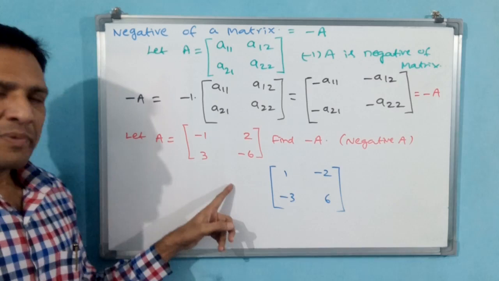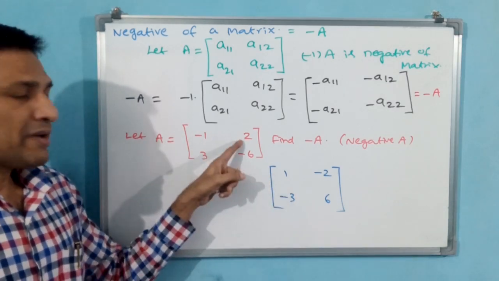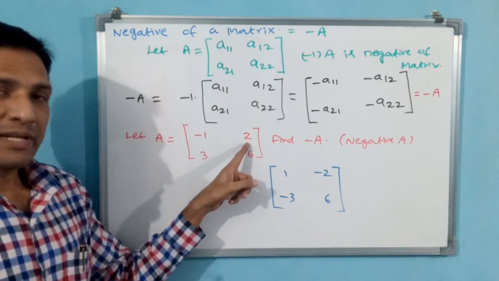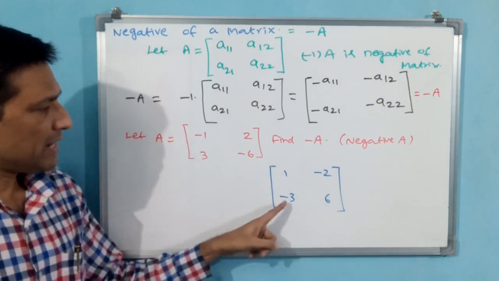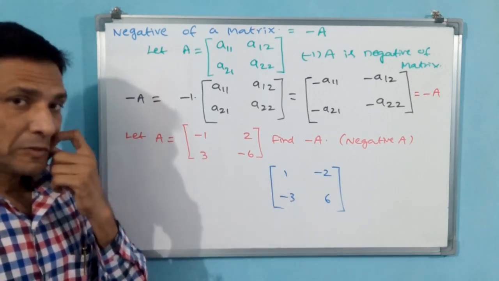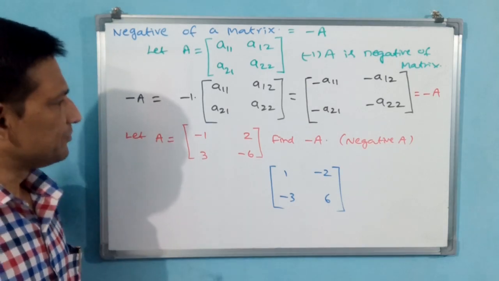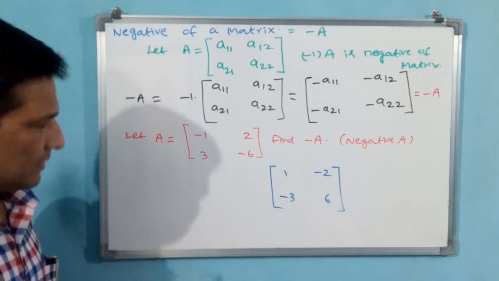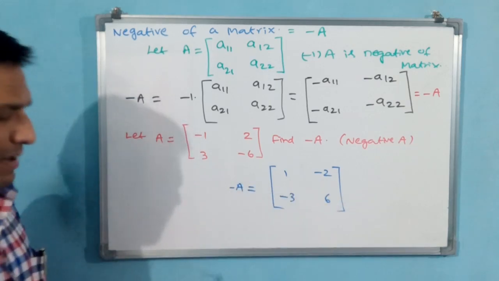Because you multiply with minus 1: minus into minus is plus 1; minus into plus is minus; minus into plus is minus; minus into minus is plus. You understand? Now this is negative A. The negative A matrix is this one.